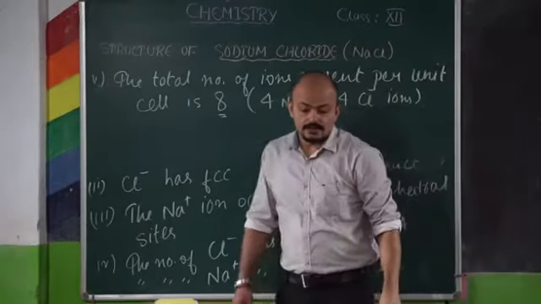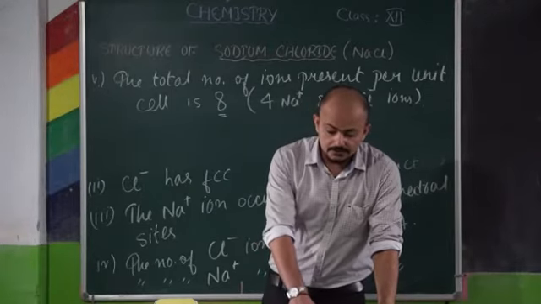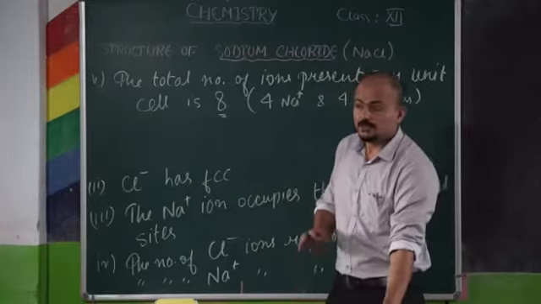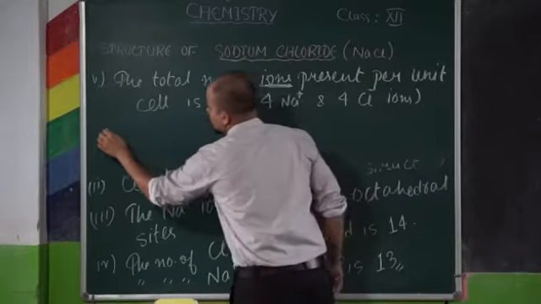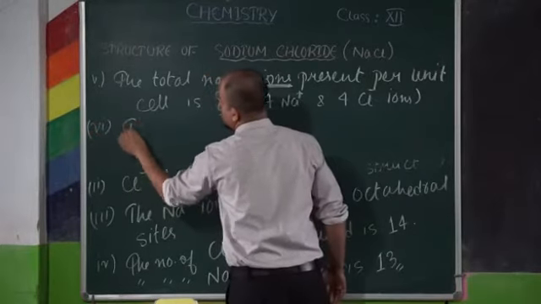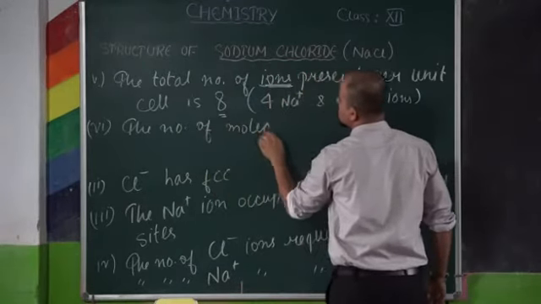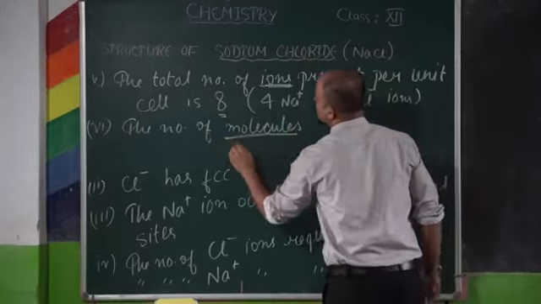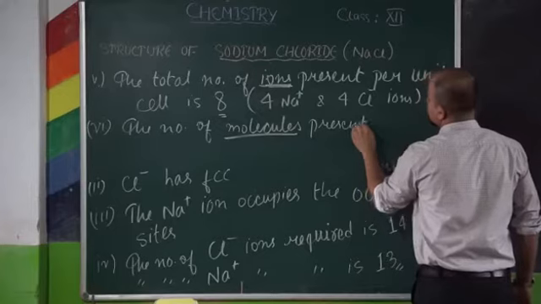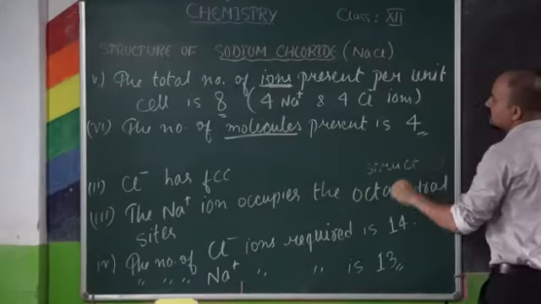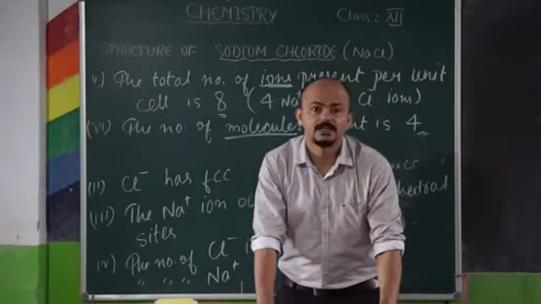And the last point that you have to remember is the number of molecules in the unit structure. This was the total number of ions present. Now the sixth point that you have to remember is the number of molecules. There is a difference between ions and molecules. The number of molecules present is 4, because NaCl as a whole will make a molecule or one mole of the compound.